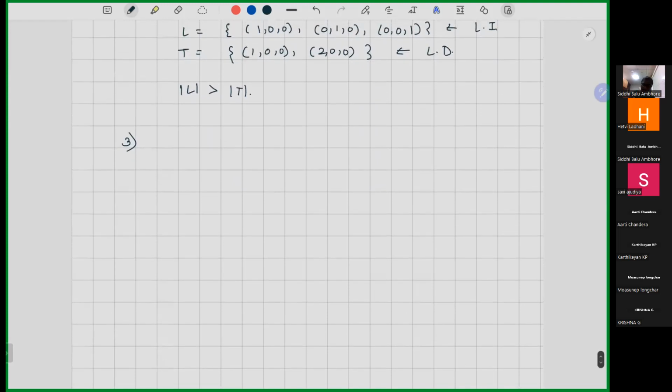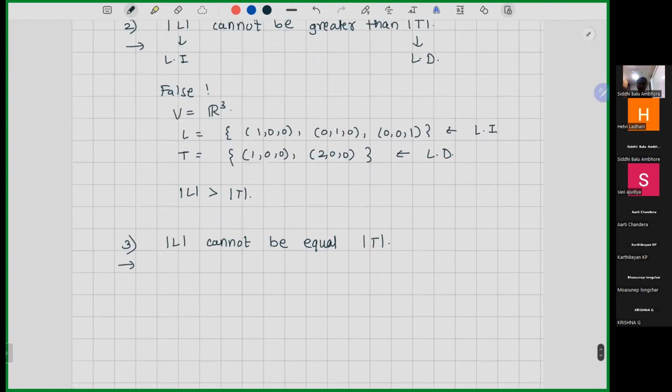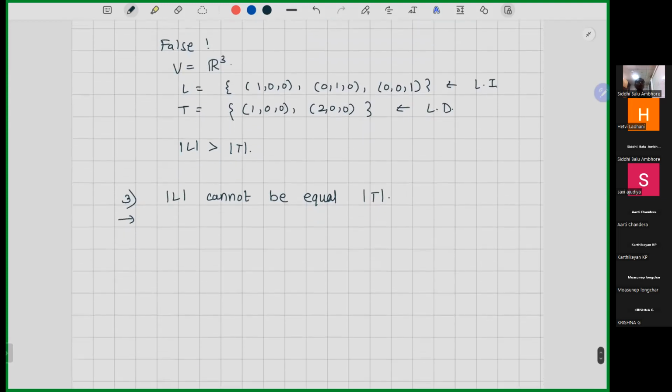Next question: the cardinality of L cannot be equal to the cardinality of T. Okay, again it is false. And again, I am taking L to be the same.